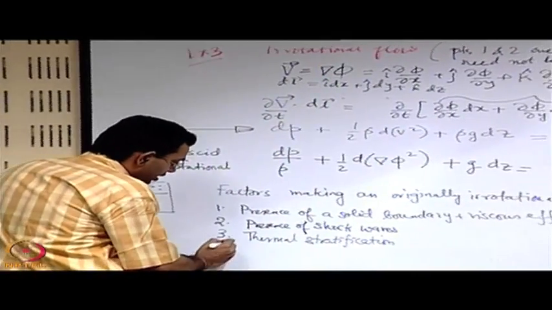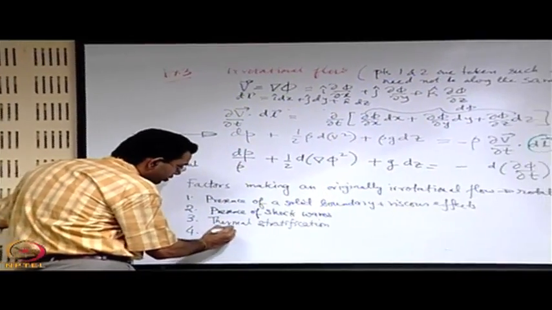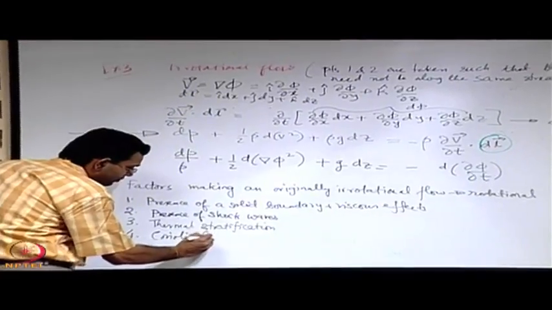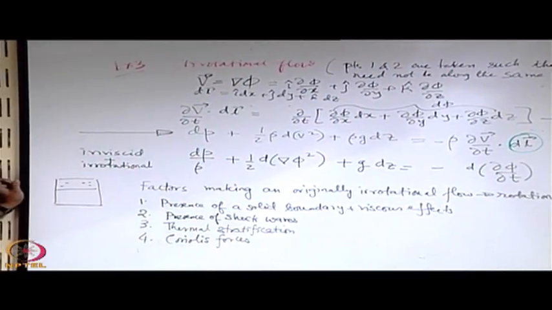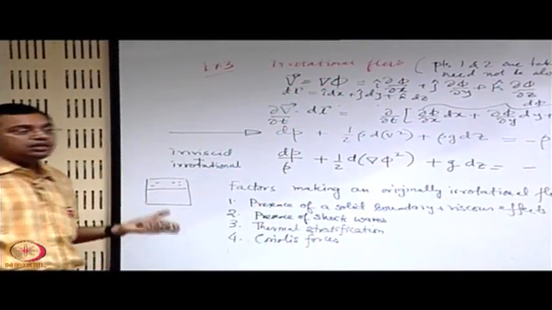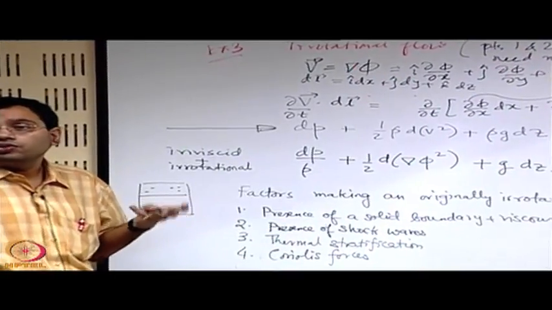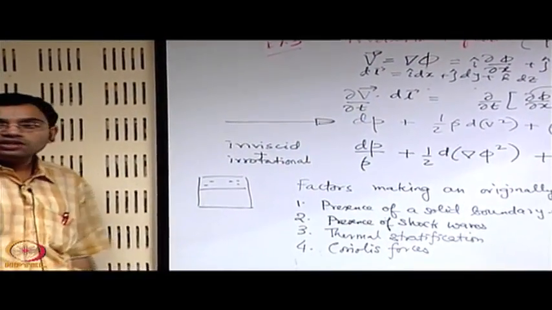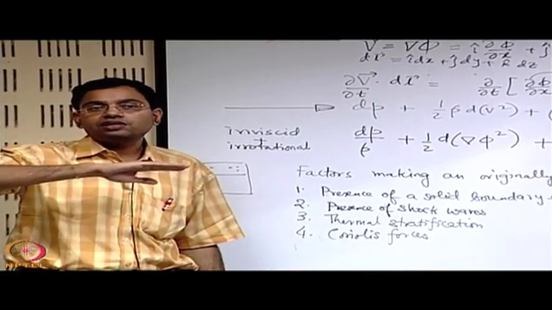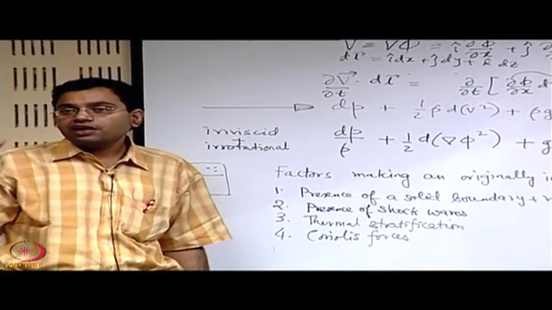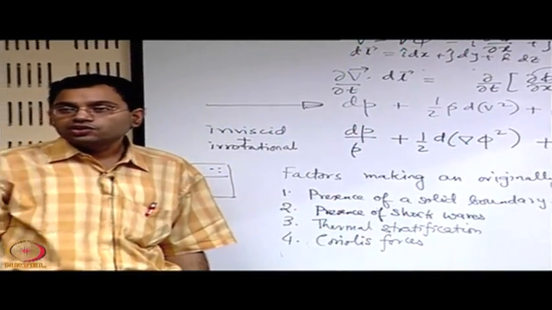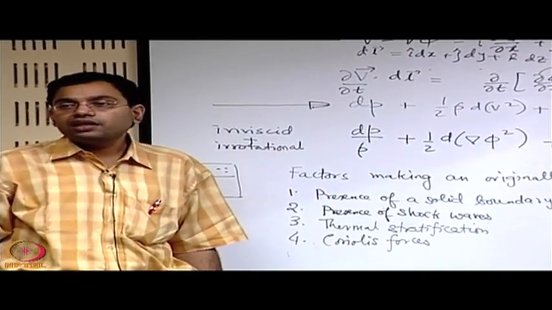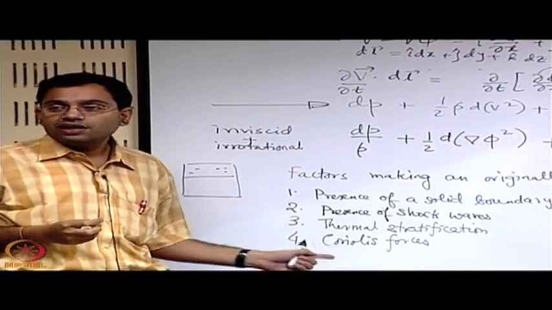Then there are other forces, like Coriolis forces may be present. Coriolis forces or Coriolis effects can create rotationality in the flow if it was originally irrotational. If you see the earth, when it is rotating, it has a Coriolis effect, and if you consider the ocean currents, there are rotationalities in the ocean currents which are predominantly created by the Coriolis effects.